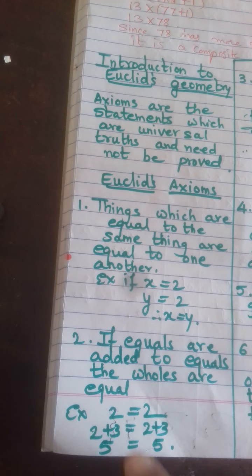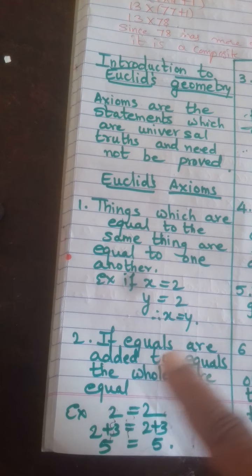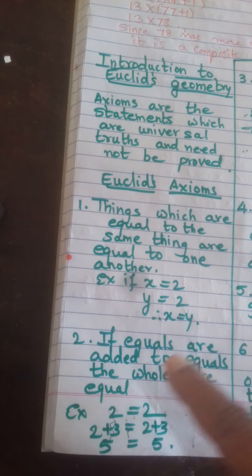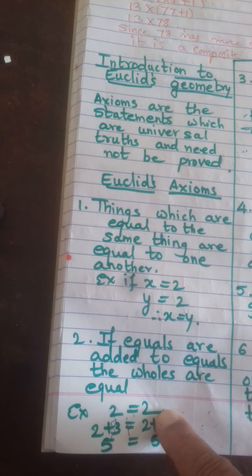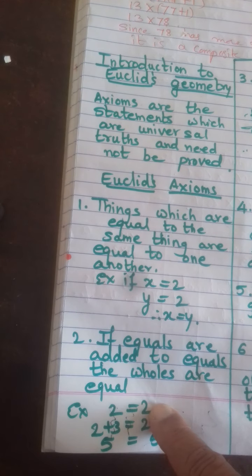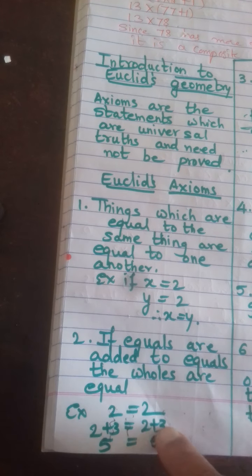Then the second axiom is: if equals are added to equals, the wholes are equal. For example, 2 is equal to 2, isn't it? To both these twos, we add again equals 3. Here equals are added to equals. 2 plus 3 is 5, 2 plus 3 is 5.